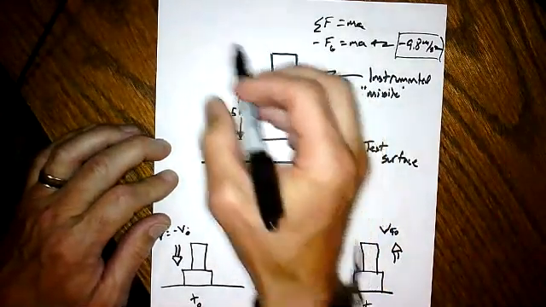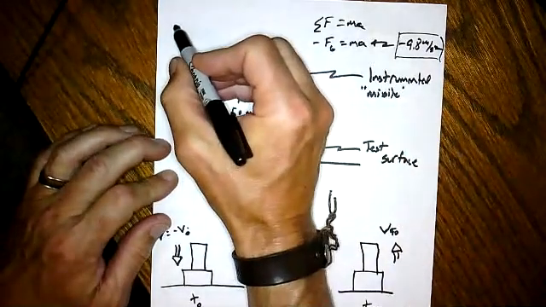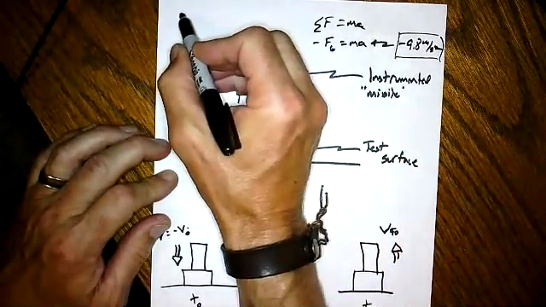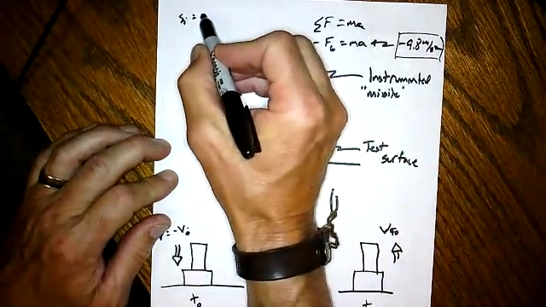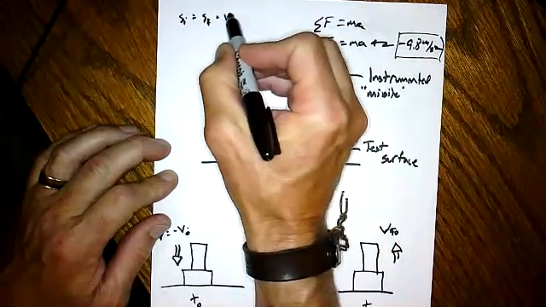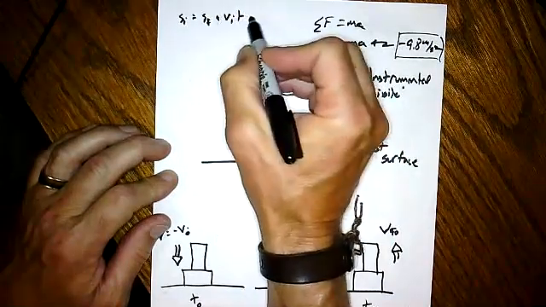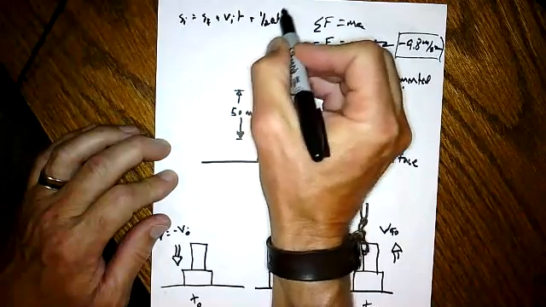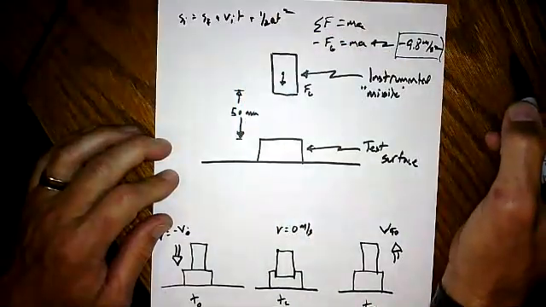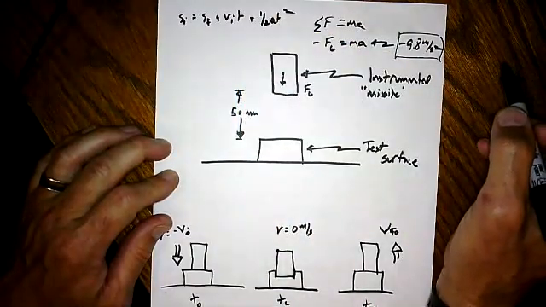Okay, so the first question was to calculate the velocity. I'm not going to do the math, but you should know your equations of constant acceleration. S_f equals S_i plus V_i t plus 1/2 a t squared. That's a second order polynomial. You should recognize that.